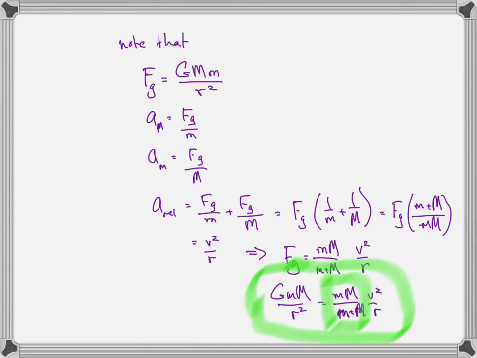But if instead relative to one of them, we sit on the larger mass and pretend that's our new stationary reference frame, the smaller mass goes around us, but the motion is described by Newton's second law as if it has a smaller mass. And the smaller mass is the product of the two masses divided by the sum of the two masses. This is called the reduced mass formula, and it is typically given the Greek letter mu for reasons which I don't know, but that is the reduced mass.